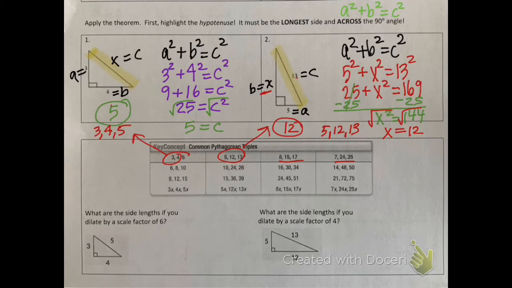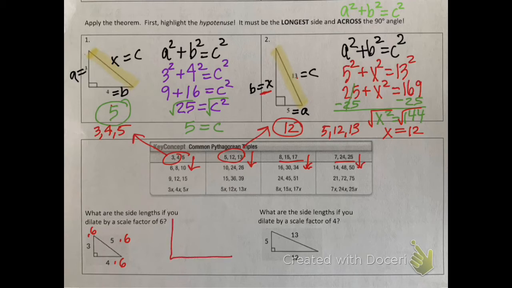The numbers underneath here that you see growing larger, those are just a scaled version of the original. For instance, if you look at this first picture here, there's that 3, 4, 5 right triangle. If you're dilating this by a scale factor of 6, dilate means grow larger. In other words, you're multiplying all 3 sides by 6, you create a new Pythagorean triple.